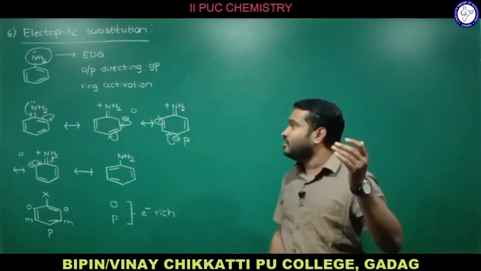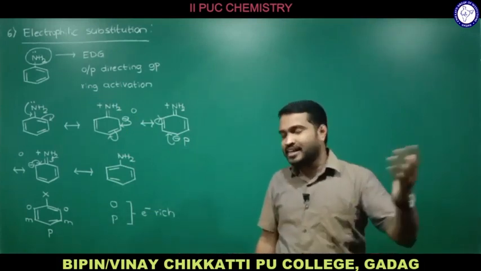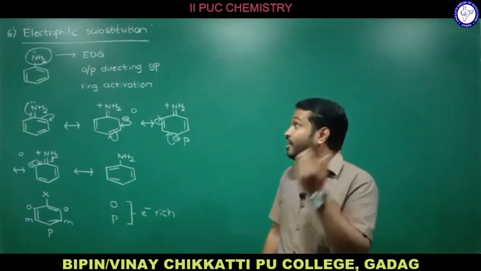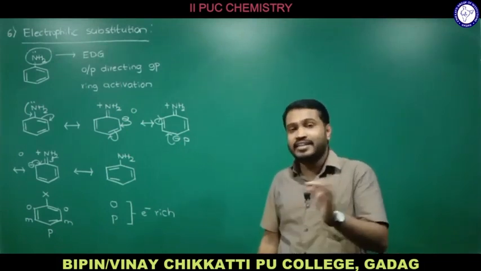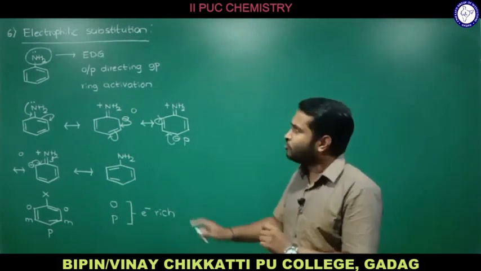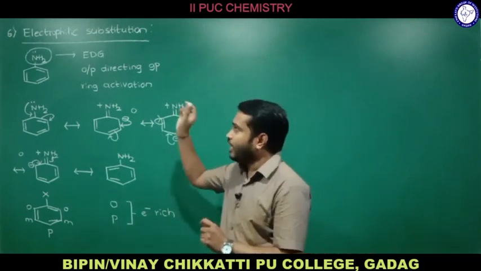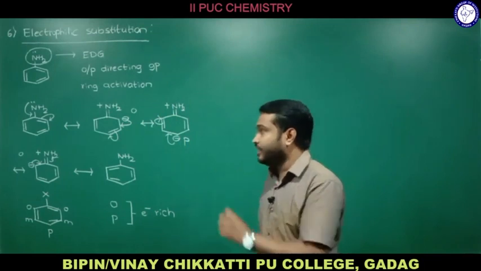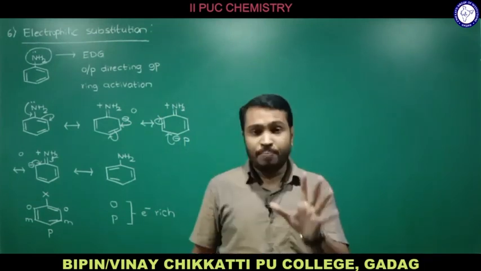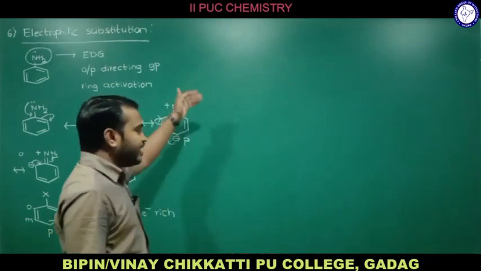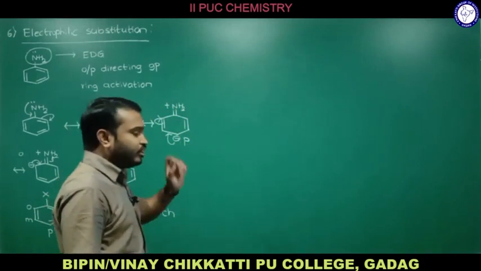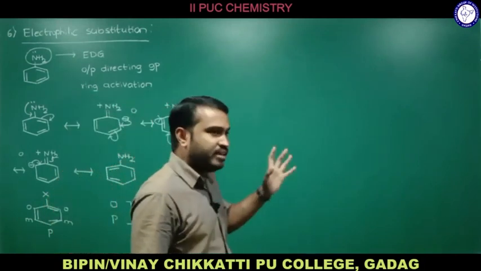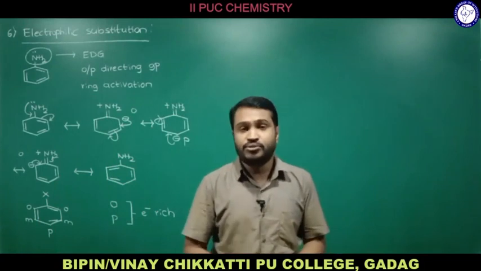And if you consider electron withdrawing group, that is exactly opposite, that is meta directing group, that is ring deactivating we can say. So right now we are going to talk about aniline, therefore NH2 group is electron donating and that is ortho para directing group. So if you know the ortho para directing group nature, now I can continue with the electrophilic substitution reactions. So this is the basic what I told about electrophilic substitution reaction.